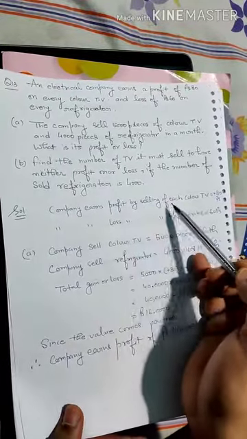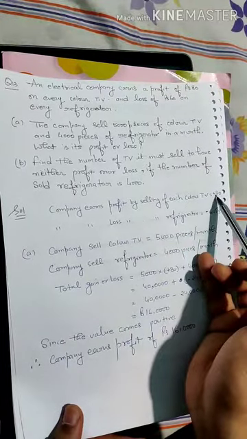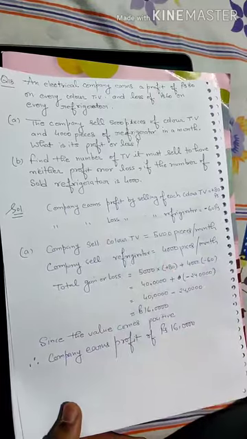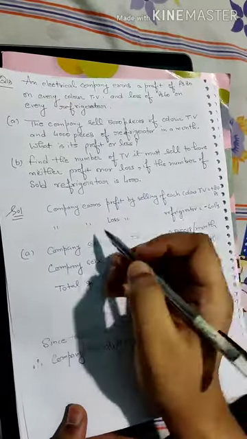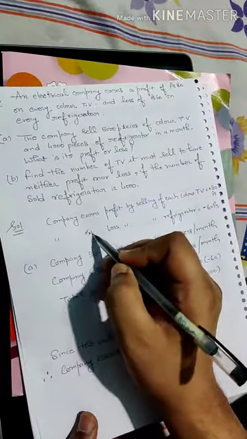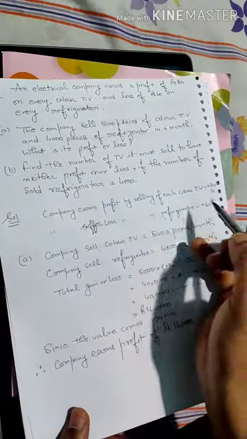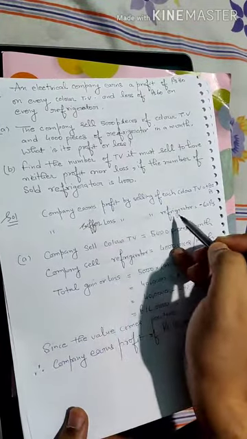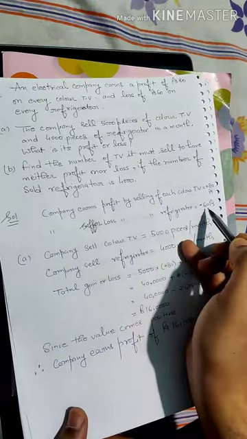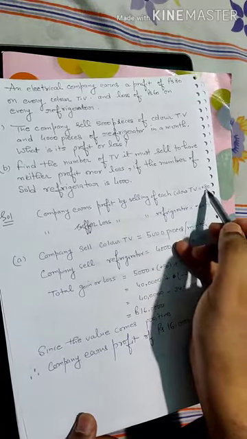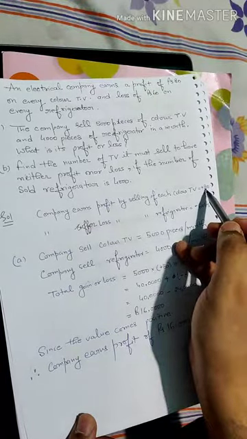The company earns a profit of 80 rupees by selling each color TV, and suffers a loss by selling a refrigerator, which is minus 60. Here minus 60 denotes a loss and plus denotes a profit.